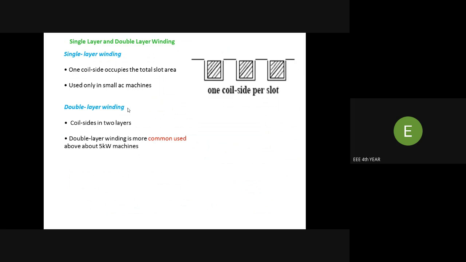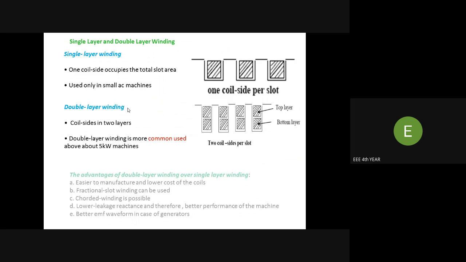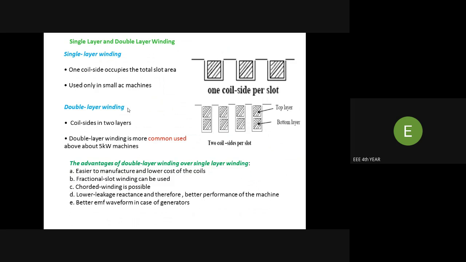This type of double layer winding is more commonly used for machines of about 5 kilowatts. In this diagram, one slot occupies two coil sides, a top layer and a bottom layer. Two coil sides per slot. The advantages of double layer winding over single layer winding: it is easier to manufacture and the coils cost less.